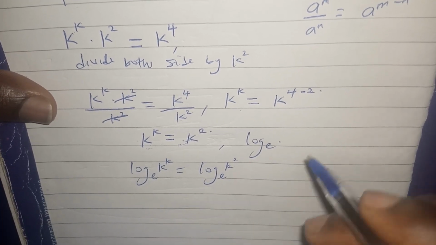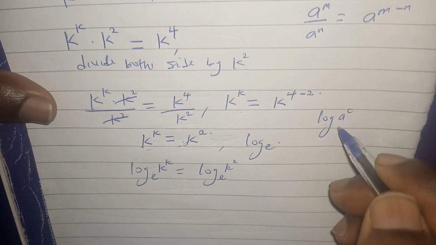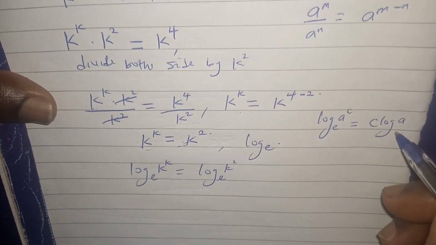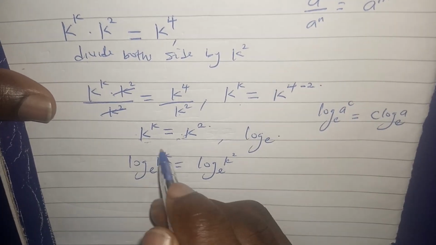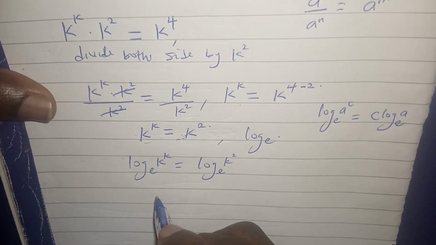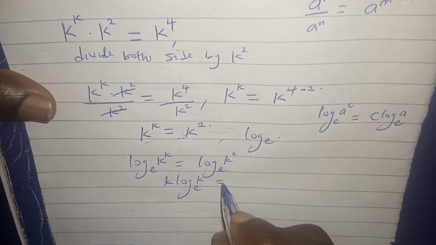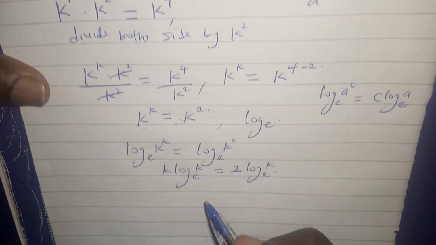From here we apply a log rule, which is log of a to the power of c to base e equals c times log a to base e. If we put this rule here, we have k log k to base e equals 2 log k to base e.